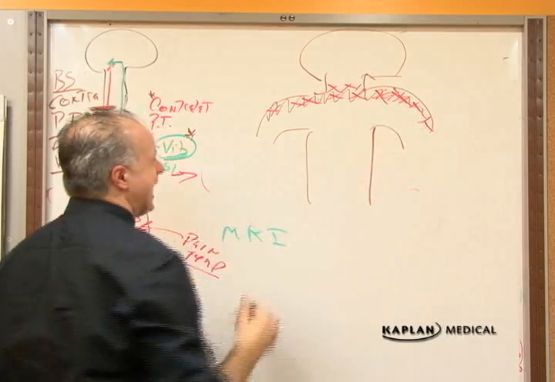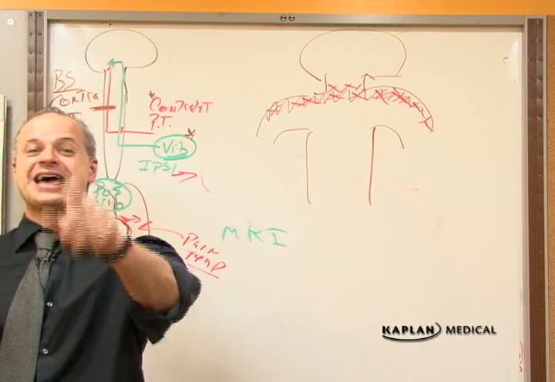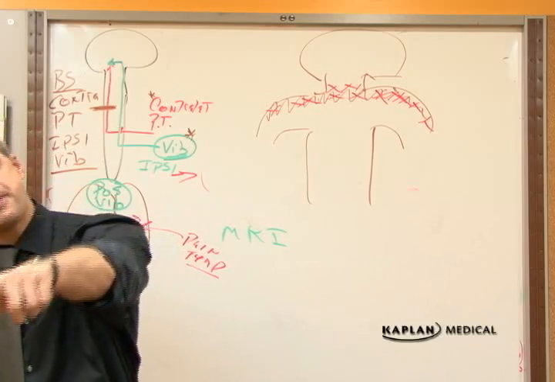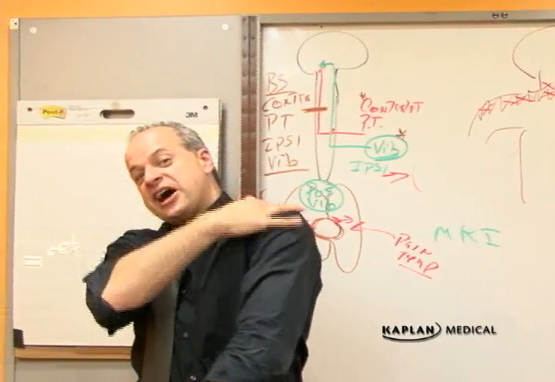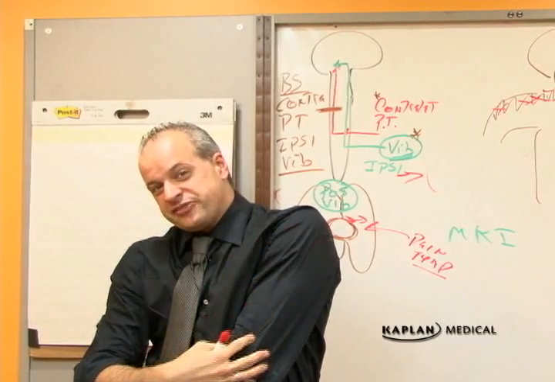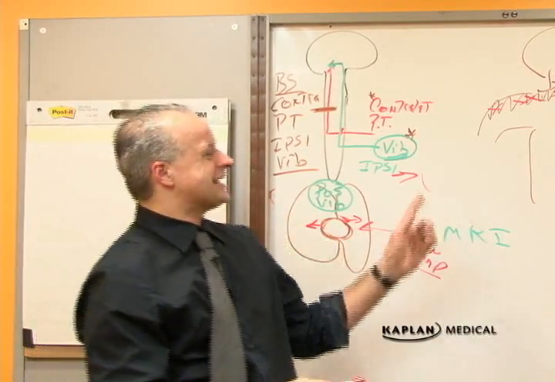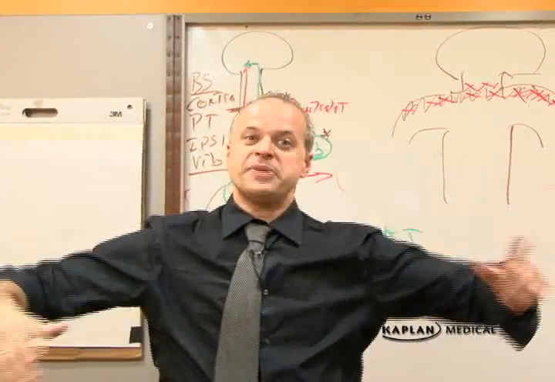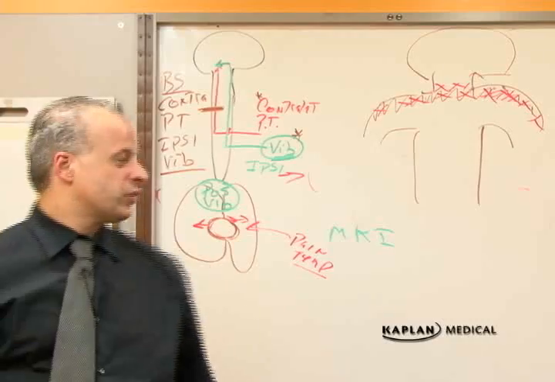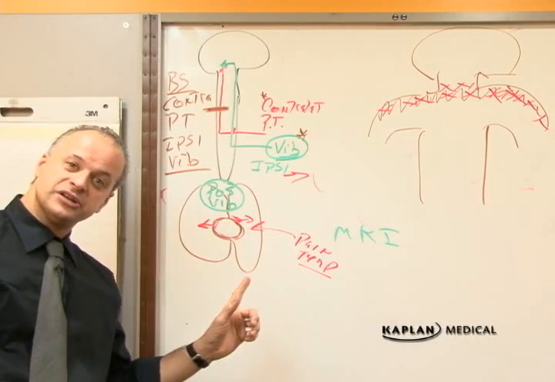Why? Because cervical spine damage is where it happens. What controls the pain and temperature here? C5, 6, 7, 8. So it is a cape-like distribution over my neck and shoulders because it damages my cord where the pain and temperature cross here at the level of the cord.